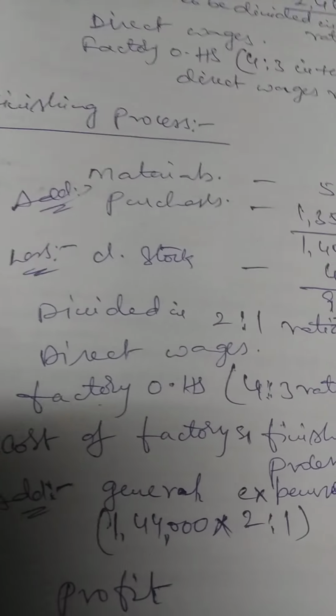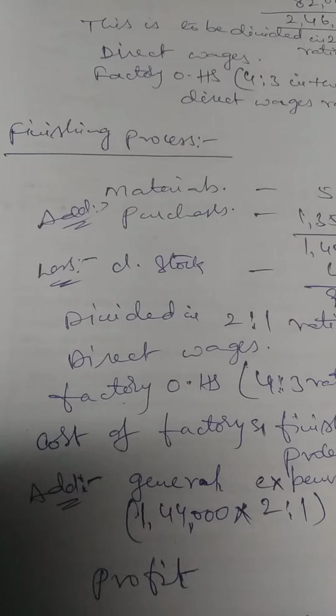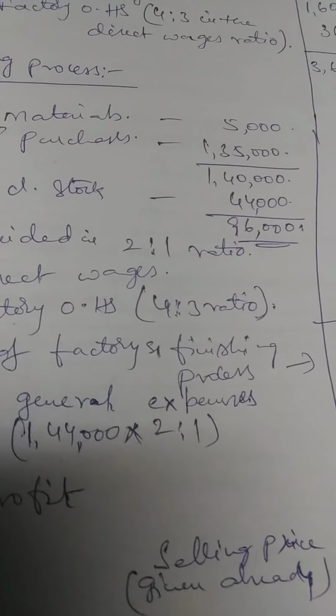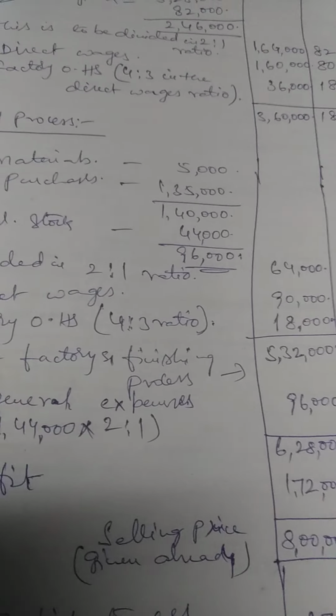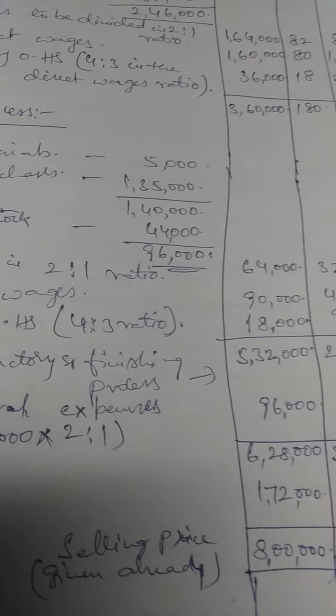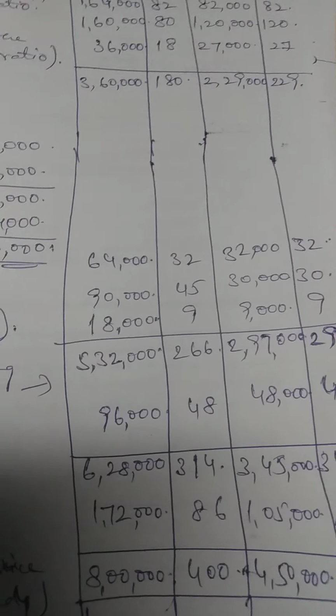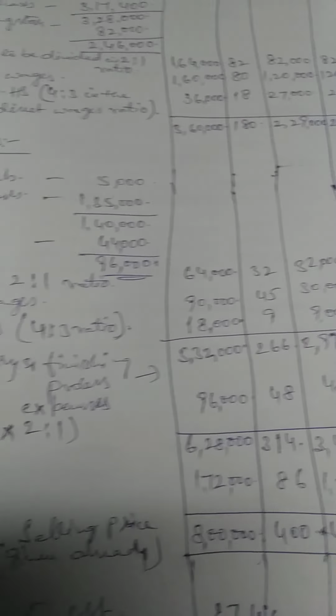Come to the second process, that is finishing process. In the same manner, materials given 5,000, add purchases minus closing stock, that comes to 96,000, which is to be apportioned in 2:1 ratio, that comes to 64,000 and 32,000, and as usual the same 32 per unit.